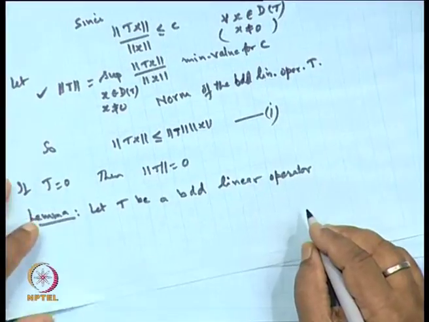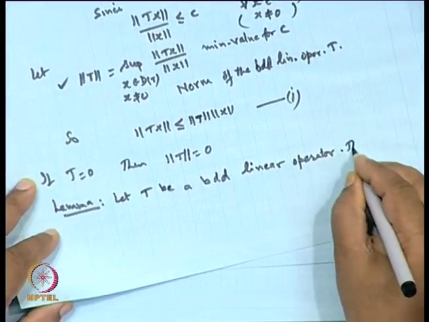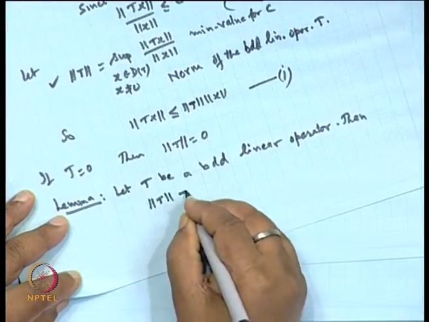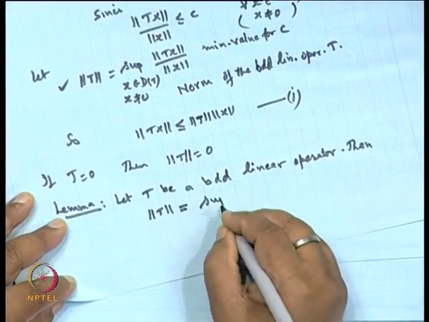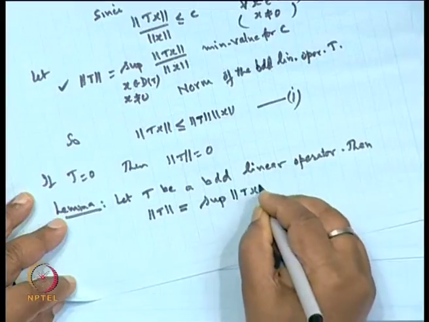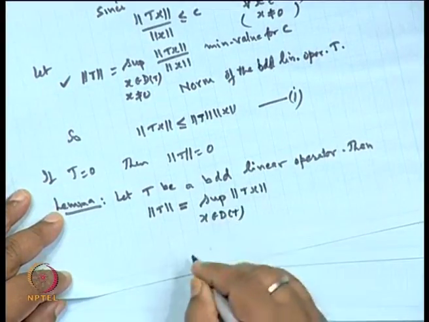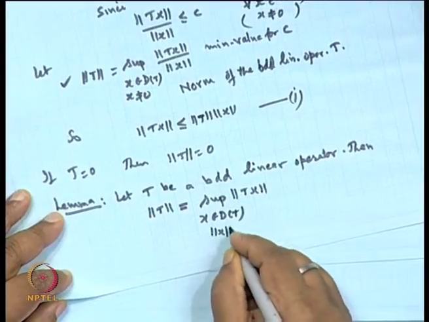Then the norm of T can also be defined as the supremum of the norm of Tx, where x belongs to the domain of T and the norm of x is equal to 1.